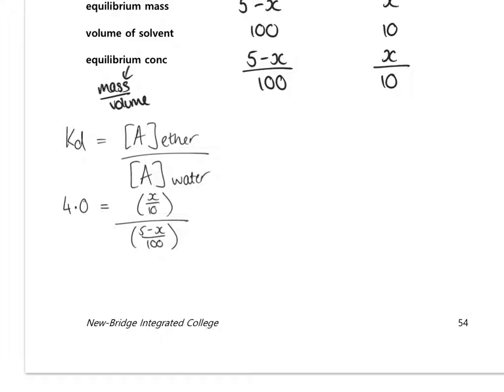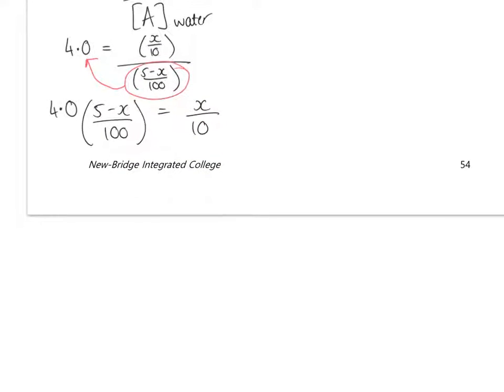To simplify this down a bit, I'm going to move what's on the bottom half of my equation to the left hand side. Because it's on the bottom half, it's dividing on the right, it's multiplying on the left. So it's going to be 4 times 5 minus x over 100. And that's going to equal x over 10 on the other side. Multiplying out that bracket first of all. 4 times 5 is 20.